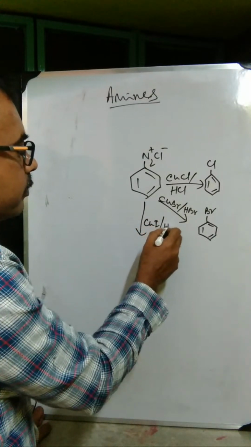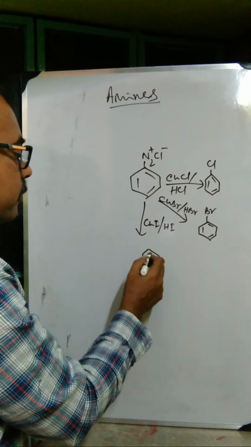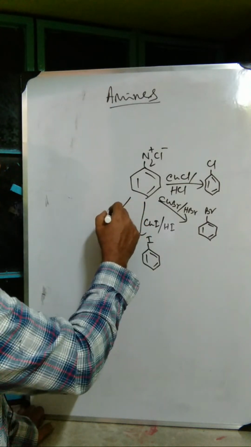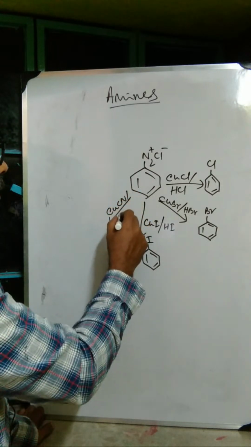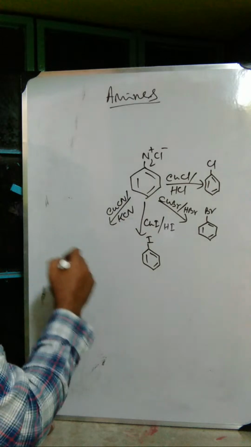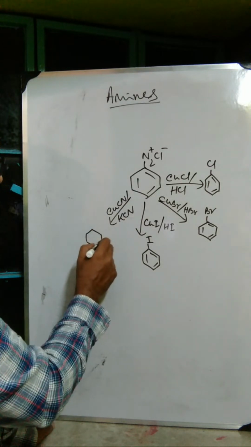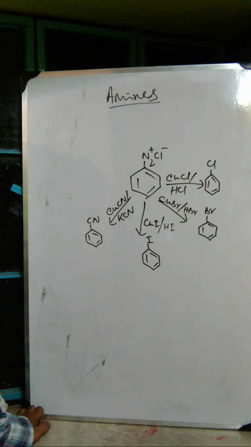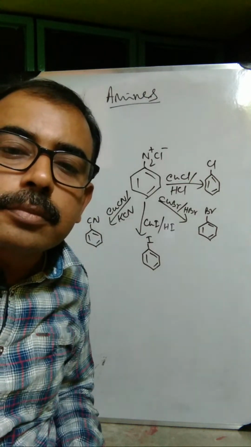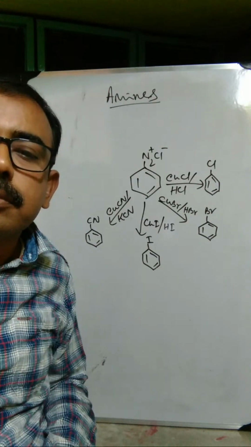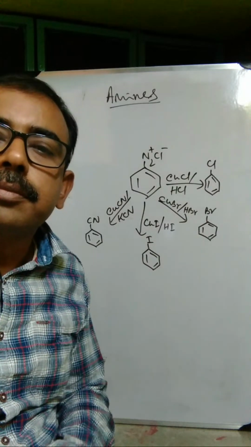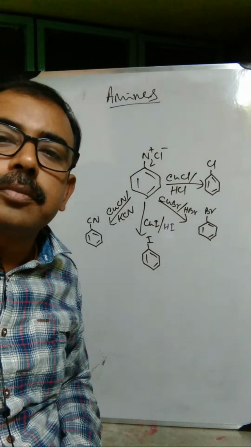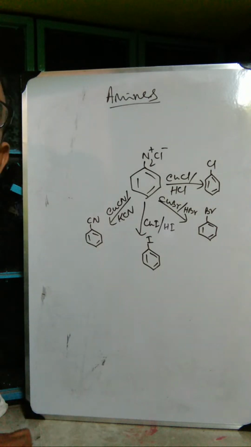CuI, HI, iodobenzene. CuCN, KCN, you get cyanobenzene.